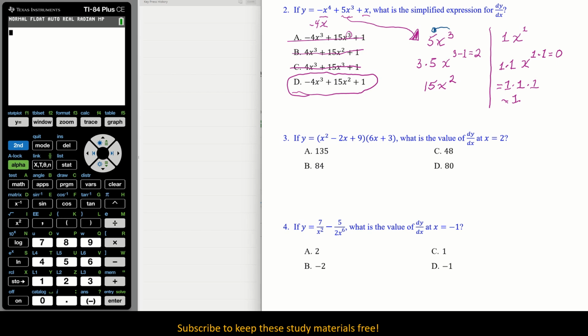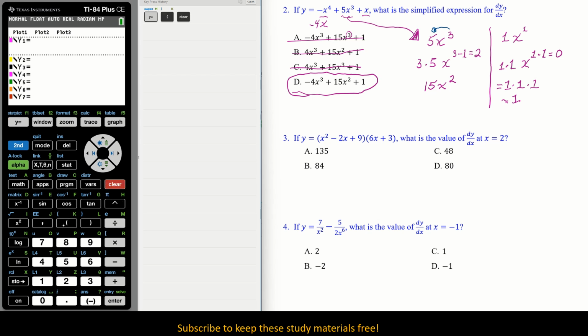Number 3, if y equals, here's our function. What is the value of the first derivative at x equals 2? For this, definitely, let's go ahead and put that in. Let's do y equals, and I'm going to put everything in parentheses correctly.